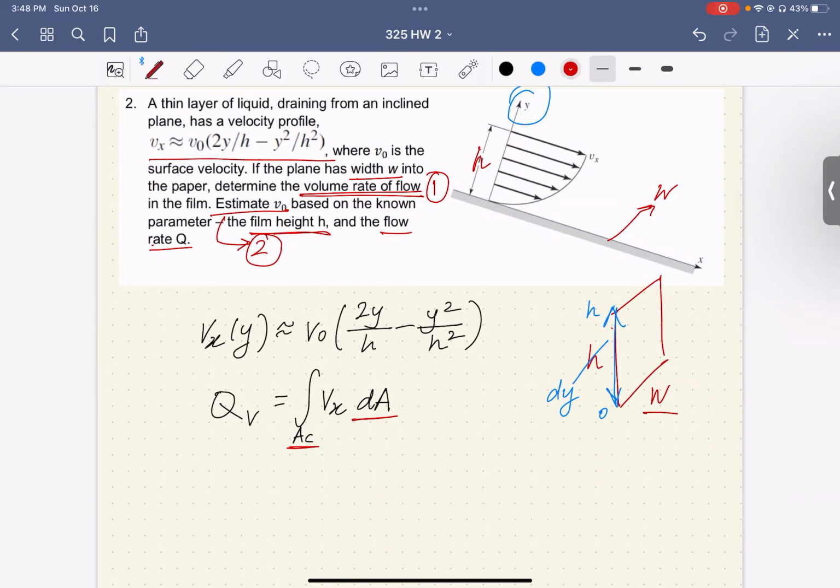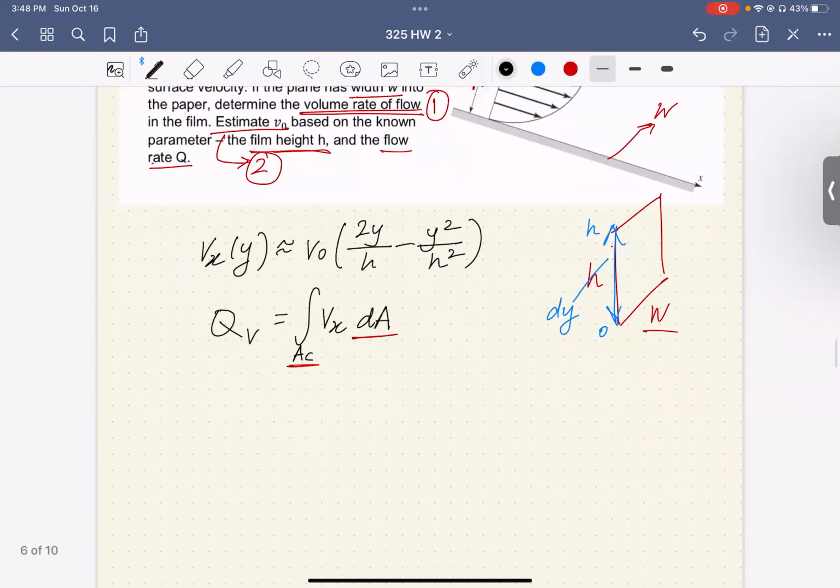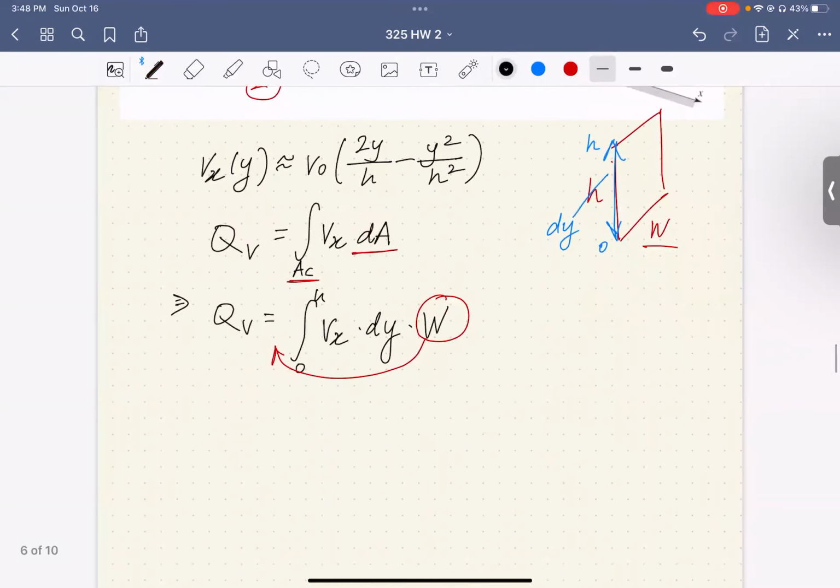So that's locked in. We can rewrite this as Q equals the cross-sectional area integral from 0 to h of Vx times dy times width. We can pull the width out of this expression to make our life easier.